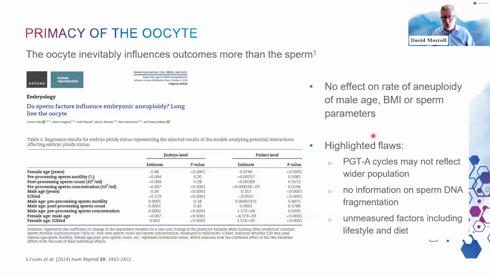Taking into account all of the other things, if you've got good quality oocytes, they will repair some DNA damage from the sperm. If you've got poor quality oocytes, they're unable to do it. So if you look more generally at unselected populations where the oocyte quality might be good, then small levels of DNA fragmentation may not be important, and the oocyte quality is always going to take precedence.